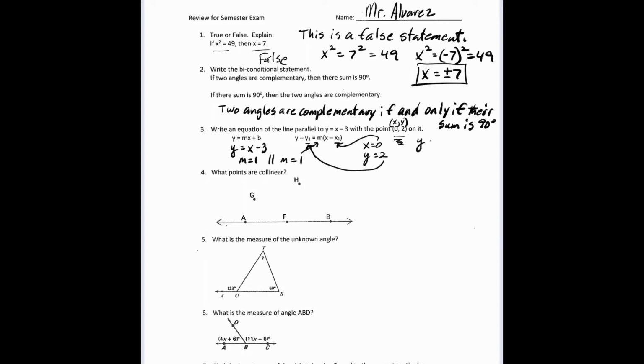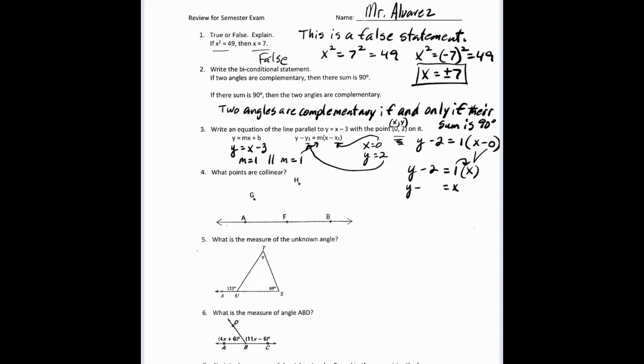So it's going to be y minus 2 is equal to 1 parentheses x minus 0. And x minus 0, or any number minus 0, is going to be that number. So that just simply becomes x. We're going to multiply it by the slope of 1, and we still have y minus 2 on the other side. Now we're going to multiply 1 times x, and that's just x.